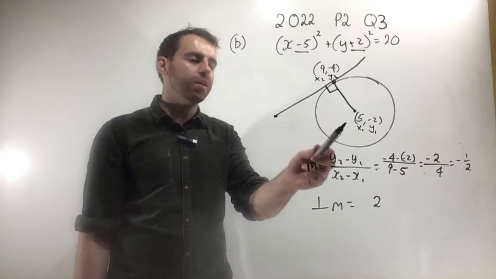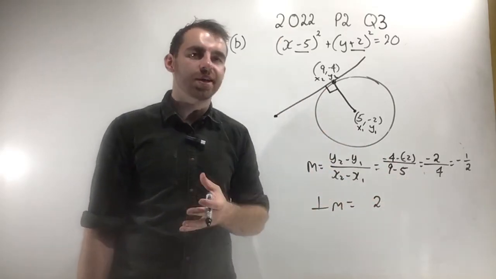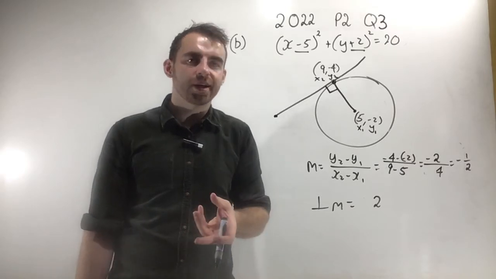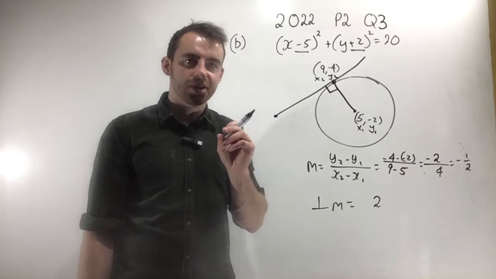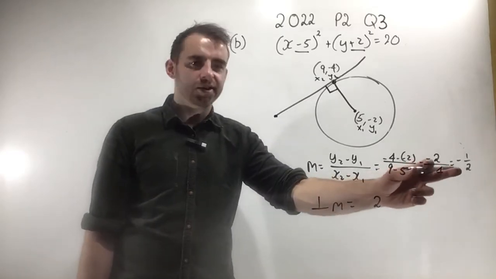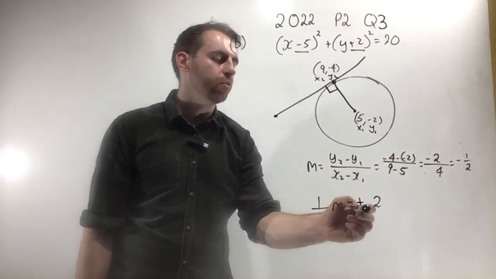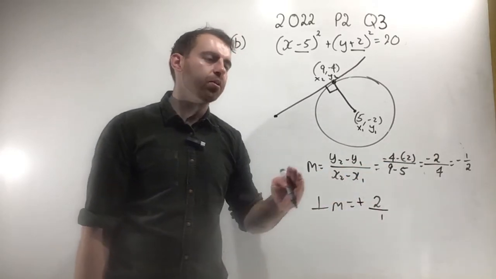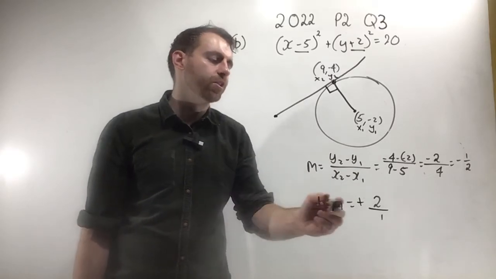I simply subbed in my values and I ended up working out that the slope of the radius is minus a half. Remember that to get the perpendicular slope, you flip the fraction, you invert the fraction and you change the sign. So there's a minus in front of it, which means the slope of the tangent is positive, and instead of 1 over 2, it becomes 2 over 1.